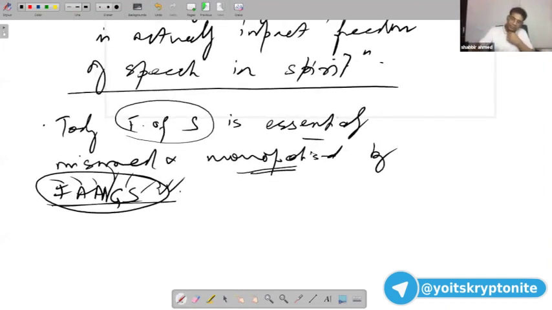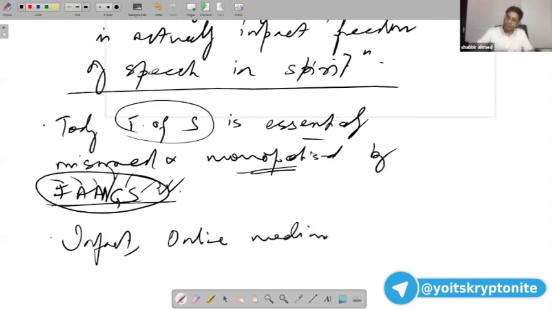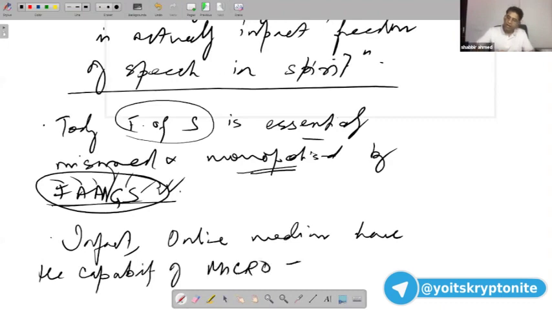In fact, online mediums have the capability of micro targeting their users.